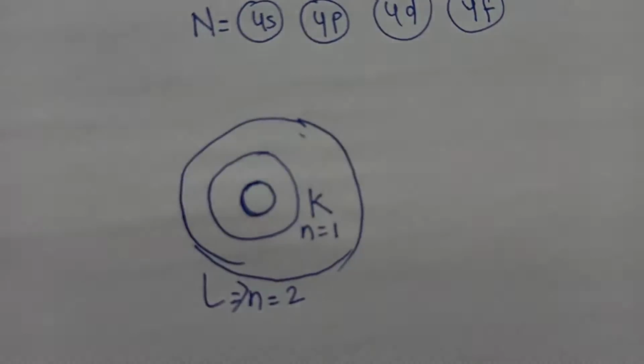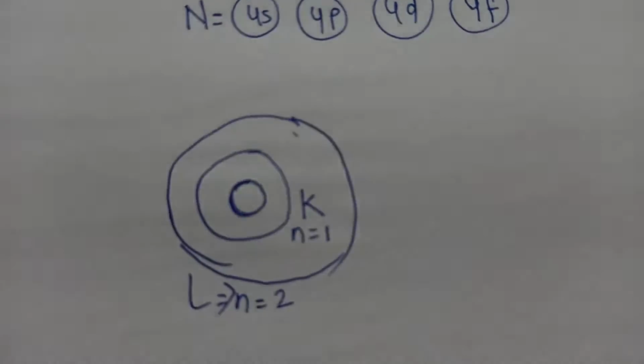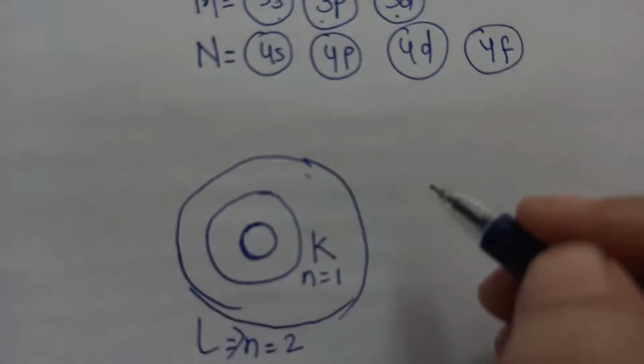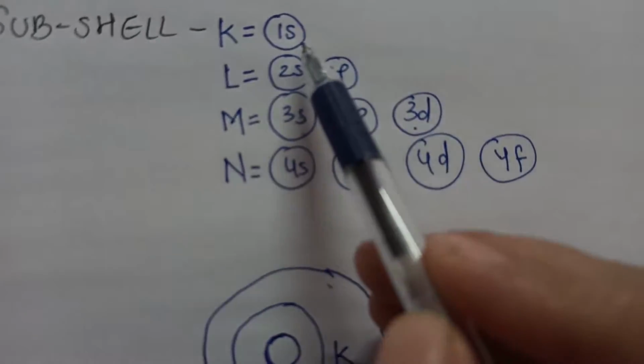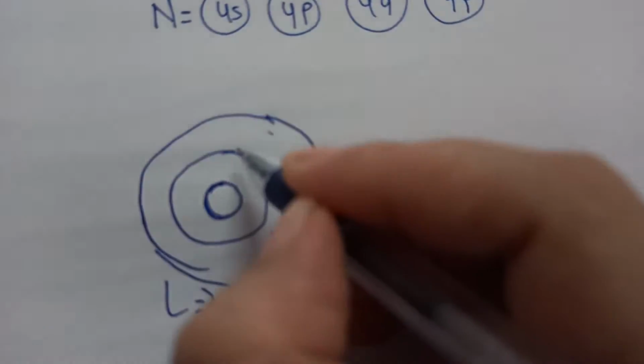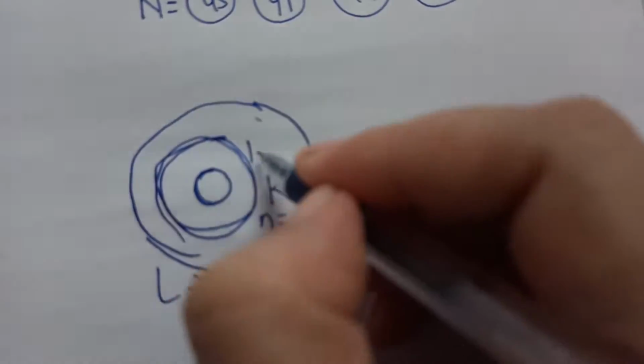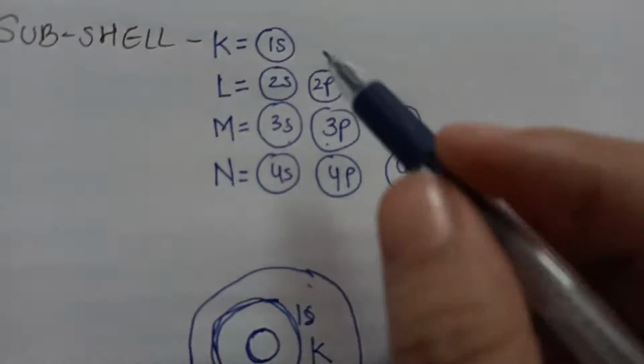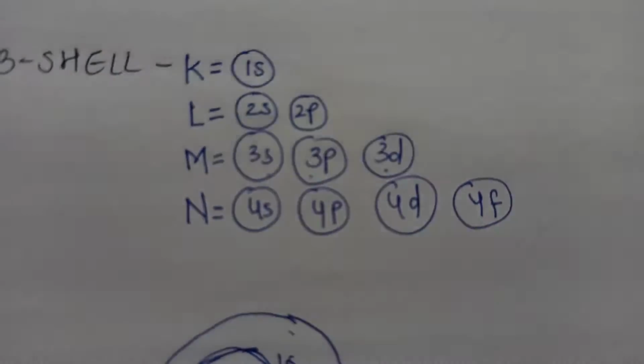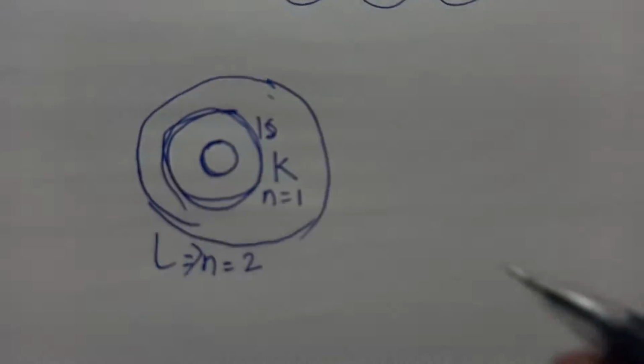Similarly, next will be the M shell, and so on. Now you see, I told you K shell is equal to 1s. So I can say this K shell has one subshell, which is 1s, and it can hold 2 electrons. This point I'll make clear a bit later.